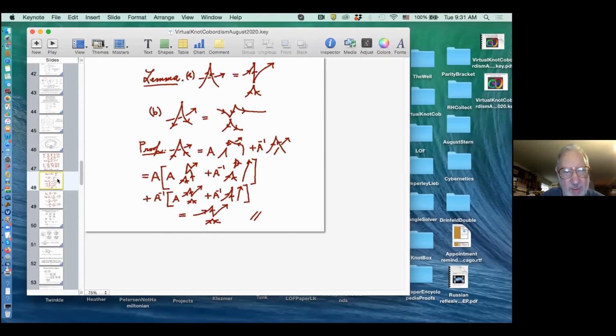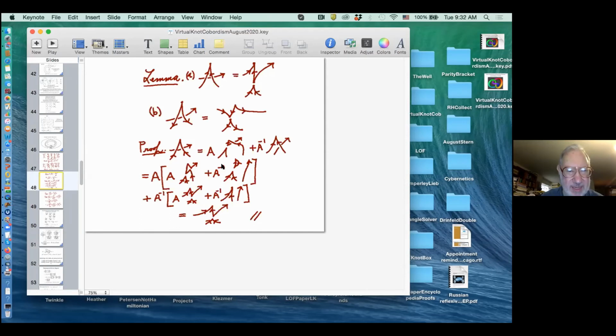And now, what about the third Reidemeister move? For that, we have to watch carefully, and you'll see what happens with zigzags. I have the following lemma: if I have an arc that goes underneath a cusp, you can pull it up out, but it acquires a zigzag. And if it goes underneath the cusp the other way, with an opposite orientation on the cusp, it acquires an opposite zigzag.